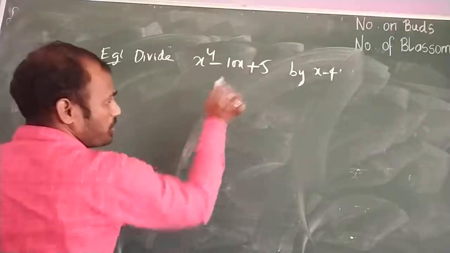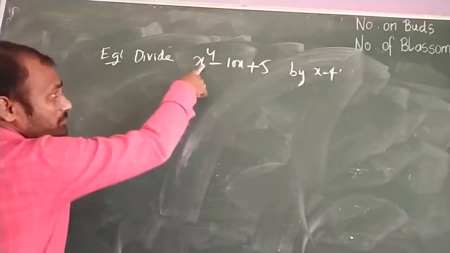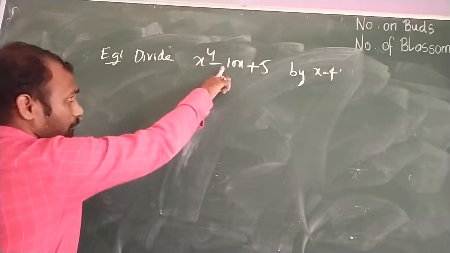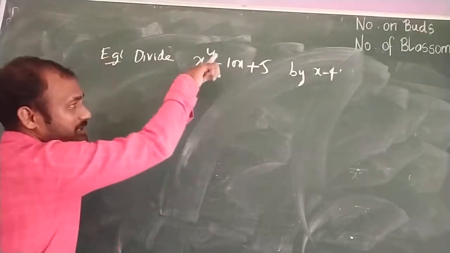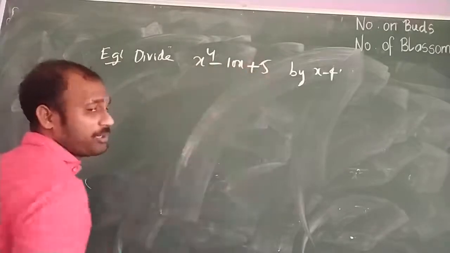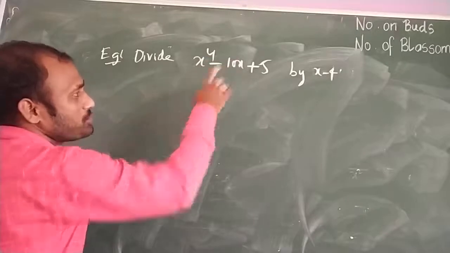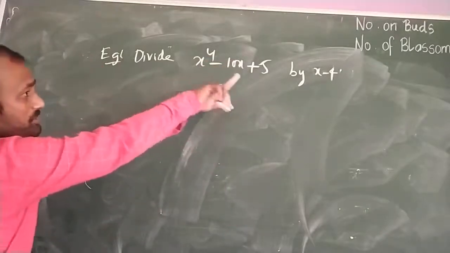The order is okay for us, but some terms are missing here. If you observe clearly, after x power 4 should come x cube, after x cube should come x square, after x square should come x, and then the constant. So the x cube term is missing and the x square term is missing. How do I represent these two terms in our division here?